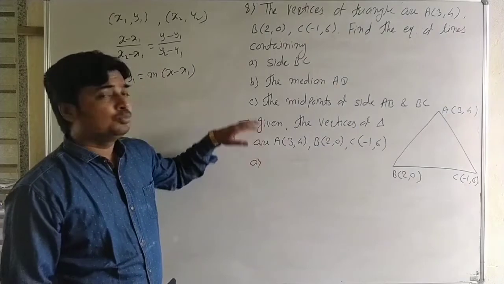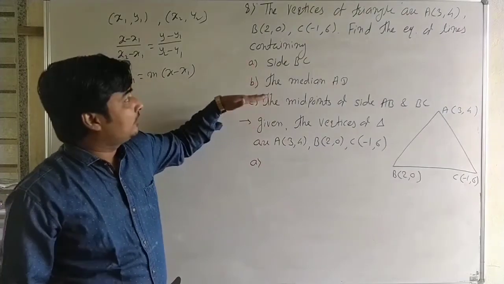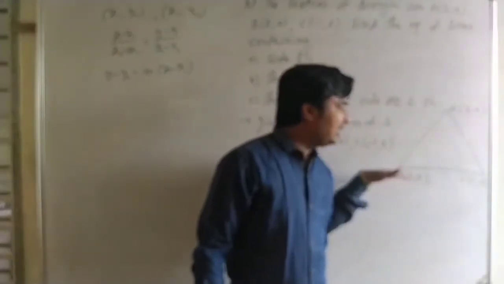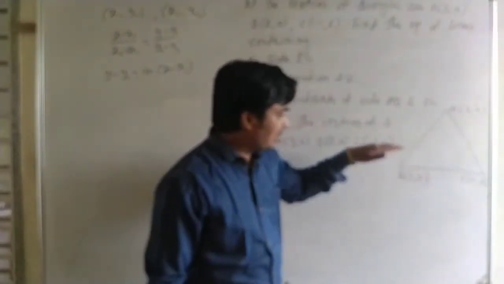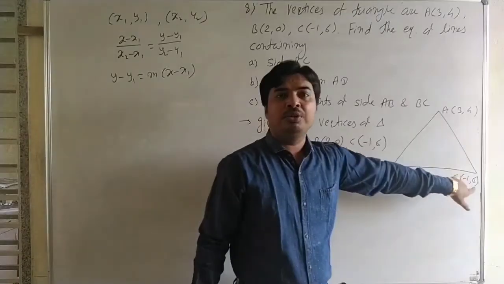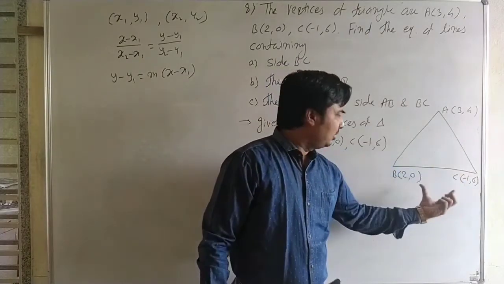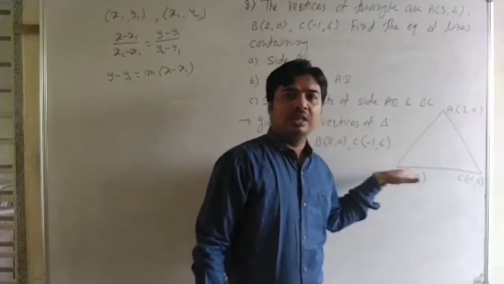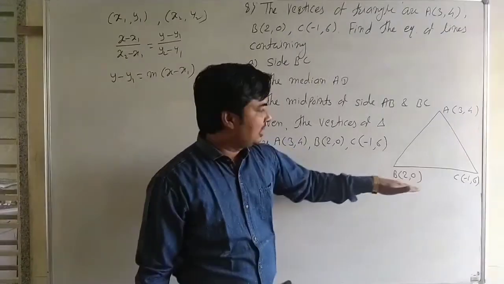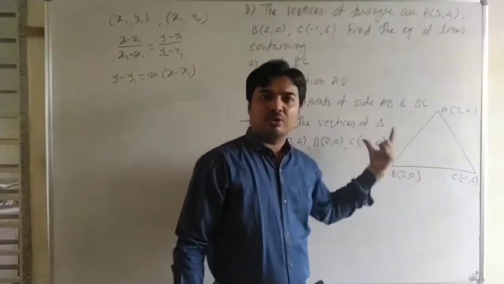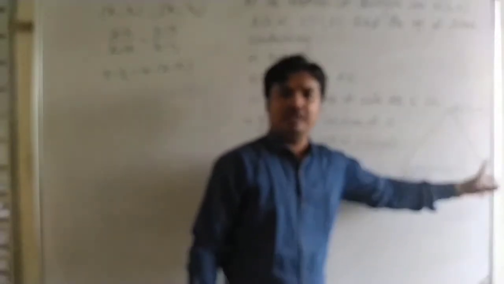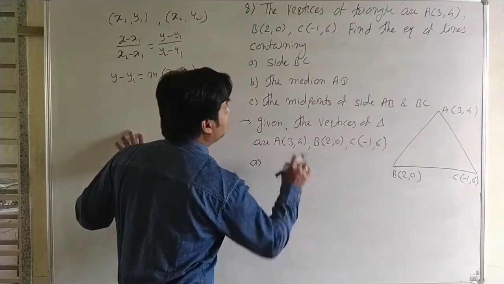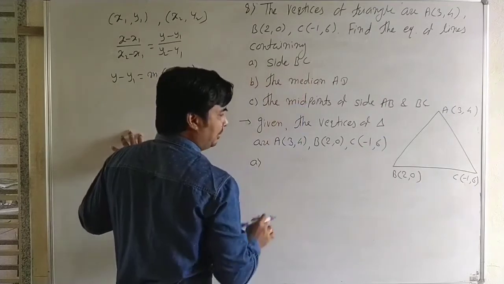Now we want to find the equation of the line containing the side BC, that is the line passing through the 2 points B and C. Then we know that the equation of a line passing through 2 points (x1, y1) and (x2, y2).